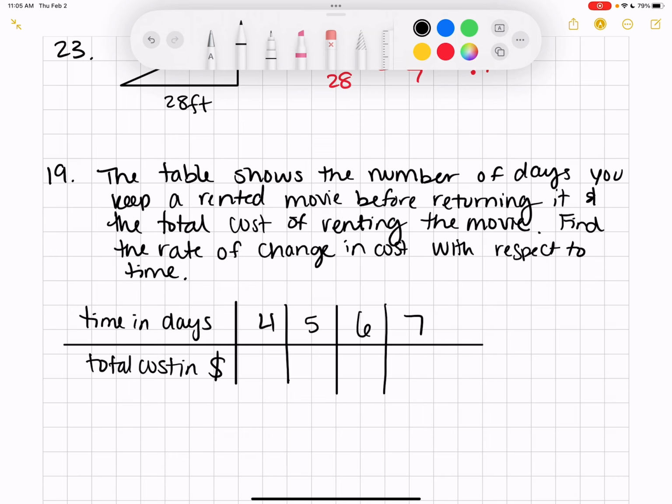The cost for each day, the first one is $6, then $8.25, then $10.50, then $12.75. I'll get that and then we'll go over it.